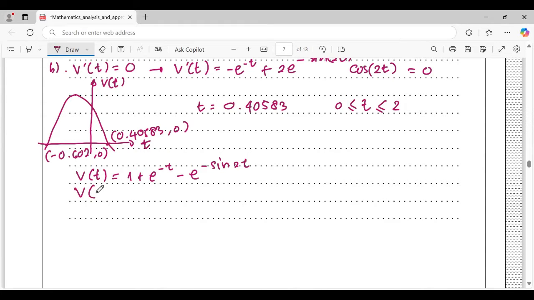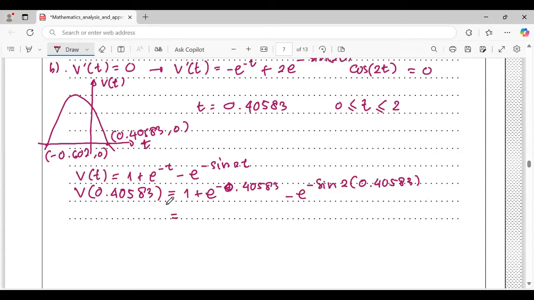So v of 0.40583 is 1 plus e power minus 0.40583 minus e power minus sine 2 times 0.40583.